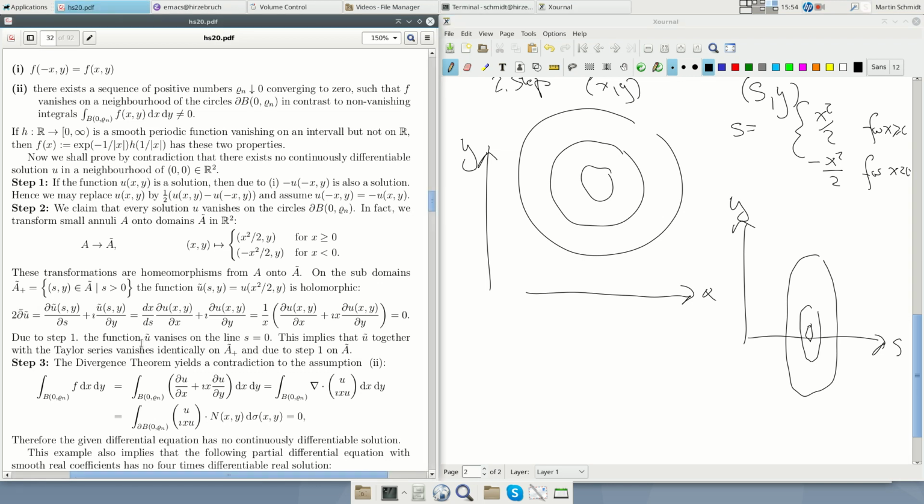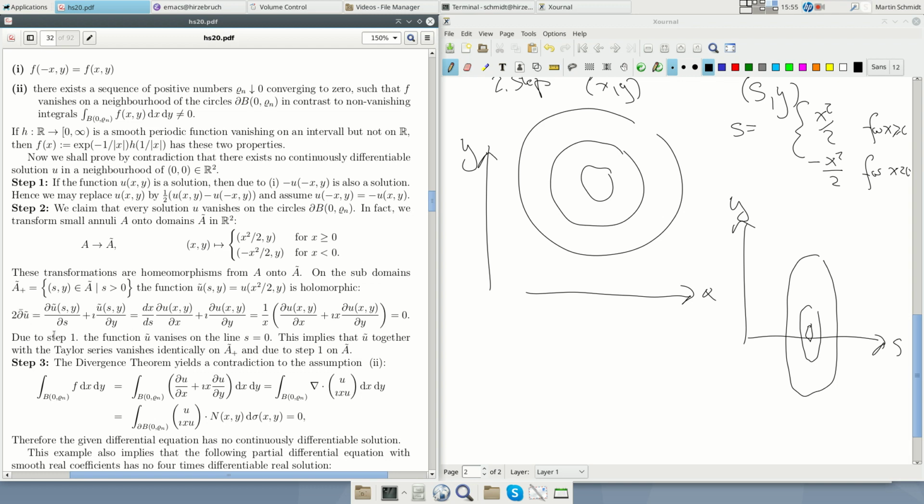Okay, and then we calculate in these new coordinates this differential equation, and then we see that this new function, which is just the old function with respect to these new coordinates, now fulfills this differential equation.